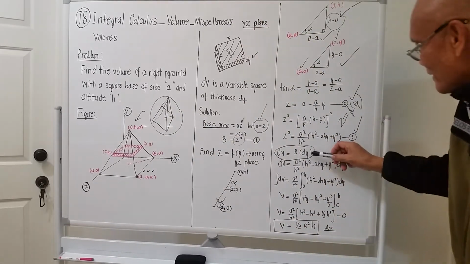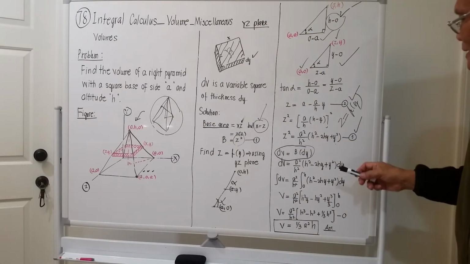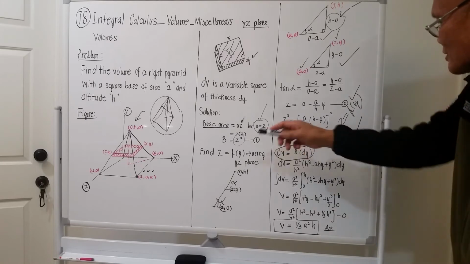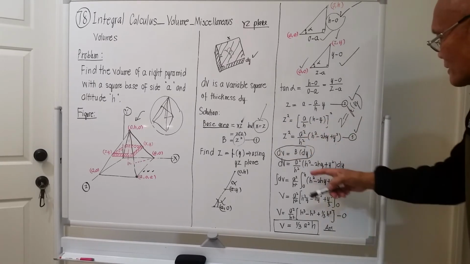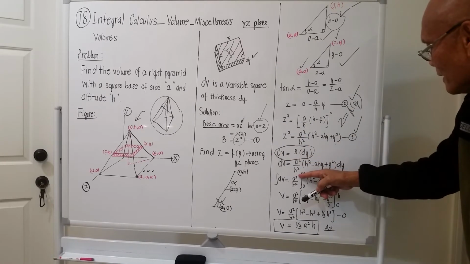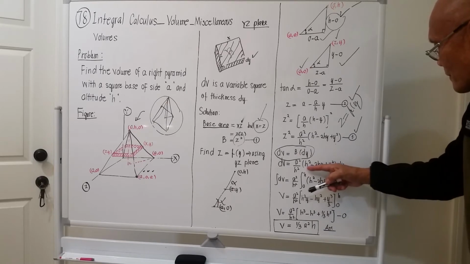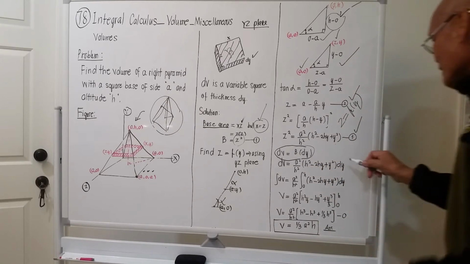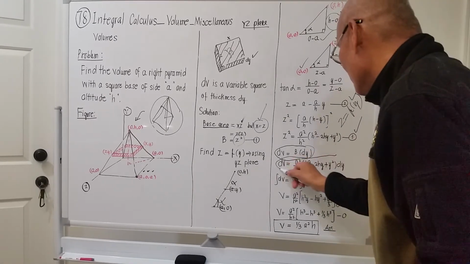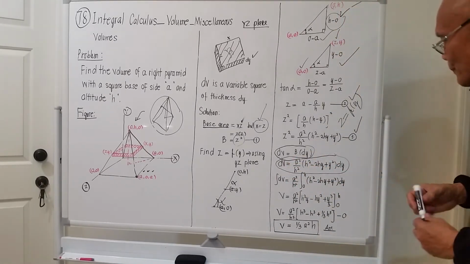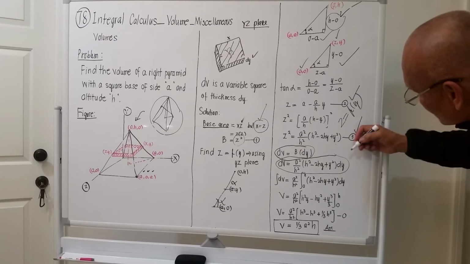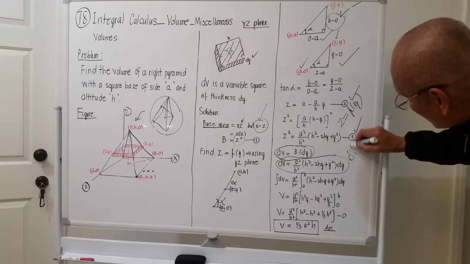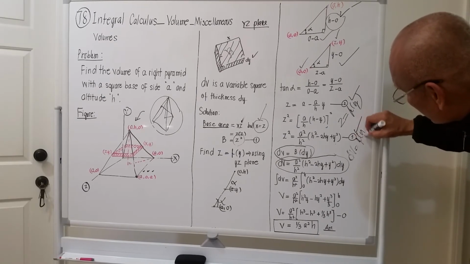It is actually b times dy. But b is actually z squared. But what is z squared? It is a squared over h squared times the quantity h squared minus 2hy plus y squared, times the thickness dy. So this is now the differential equation. Okay? A differential equation that involves differential volume as a function of y.